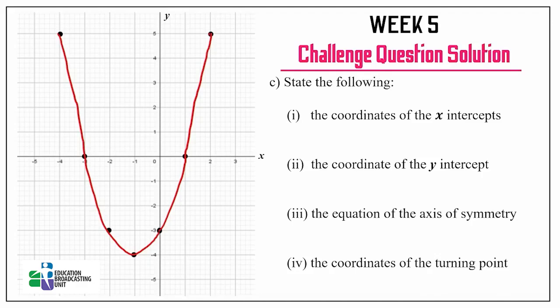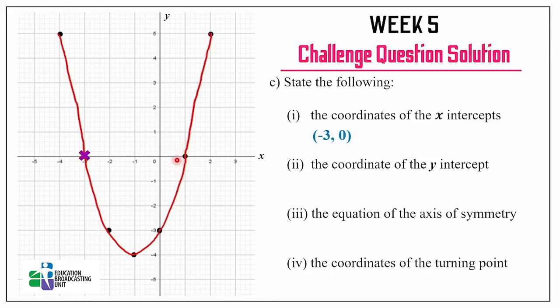And so, reading from left to right, we'll notice that this is the first point where our graph cuts the x-axis. Well, what coordinate is that? Remember, we start with the x value, and this would be negative 3. And since the point is on the x-axis, that means our y value is 0. And so that point would then be negative 3, 0.